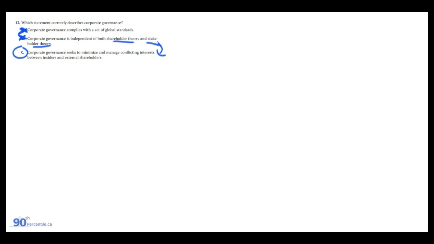So corporate governance, like I said, seeks to make sure everyone's interests are aligned to the extent that it's possible. Of course, there's naturally going to be conflicts of interest between different stakeholder groups, but we try to manage the balance through corporate governance and make essentially the majority of people happy. It's just doing good for the greatest number of people.